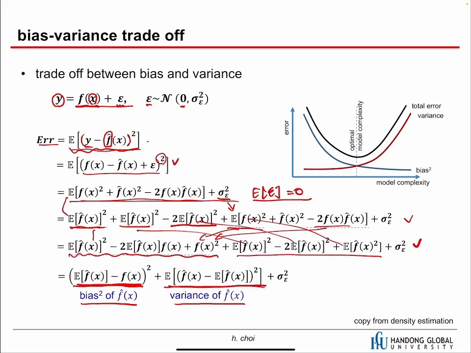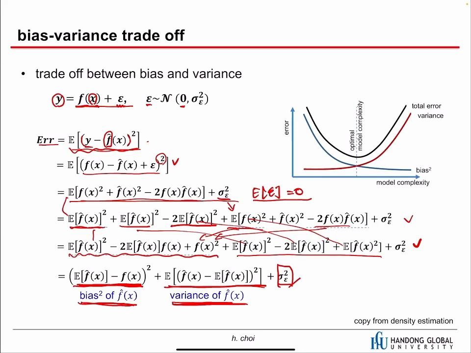And this one is the definition of a variance. Okay. So we just decomposed this error into bias squared, variance, and sigma squared. This is an irreducible error. Even with a perfect model, we cannot remove this error. But if we have a better model, then we can reduce the bias, or we can reduce the variance.